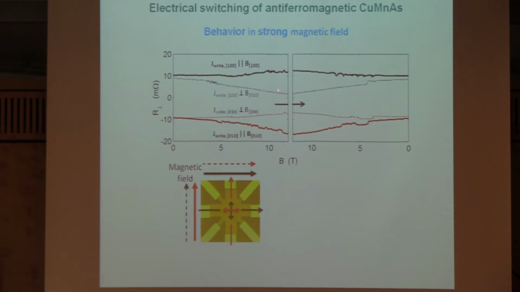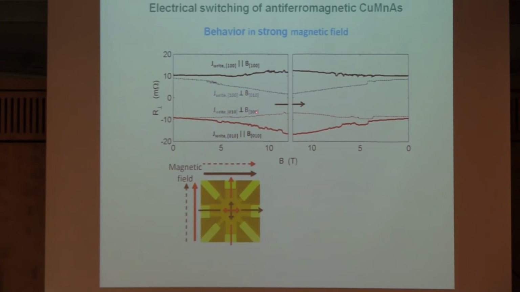The signal increases with increasing field. You don't erase it, you increase it in this case. And if it's the other way around, if you promote with the magnetic field domains which have switched in the parallel orientation, then those domains seem to become smaller, and the signal decreases at about 12 Tesla.